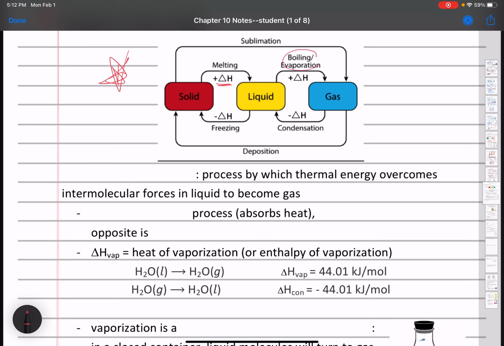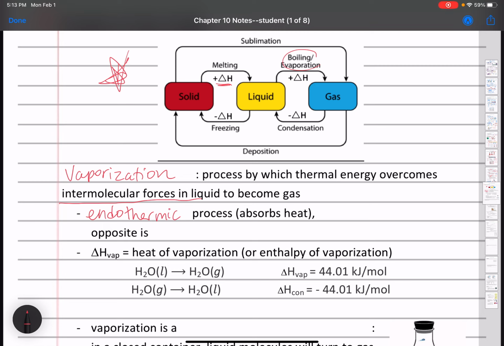Boiling, evaporation, or vaporization is another word. It's the process by which we add thermal energy to a liquid in order to overcome the intermolecular forces in that liquid and have the molecules become gaseous. It's an endothermic process.